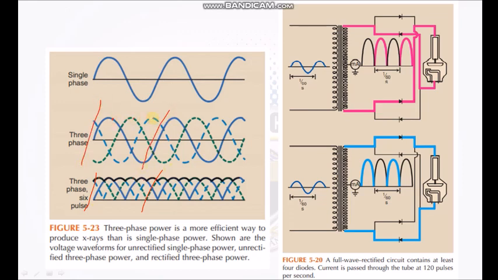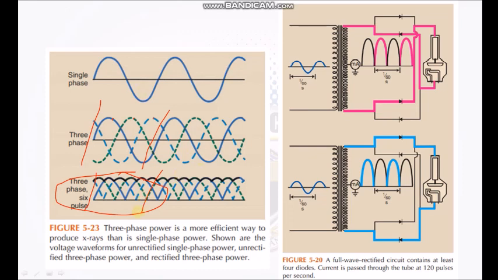There are only three pulses per second compared to six pulses per second. So that means this is better. The more pulses per second, the better. The more X-rays produced in a shorter amount of time, the better, so that the time we expose the patient to X-rays is shorter.